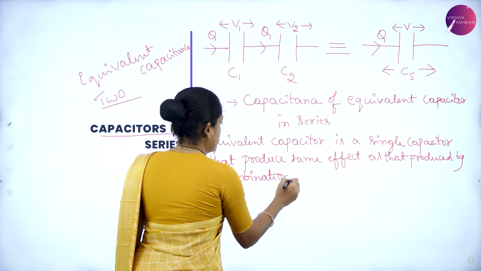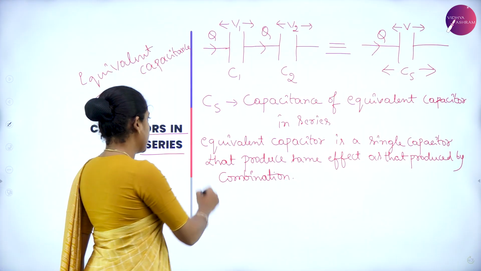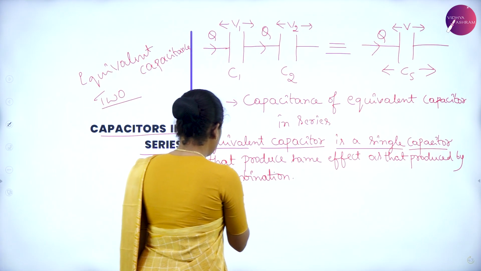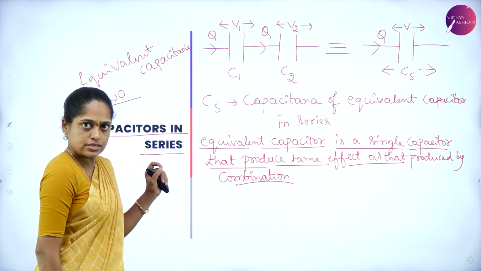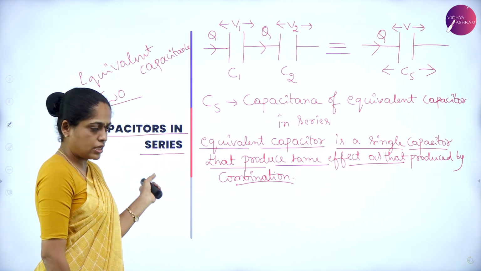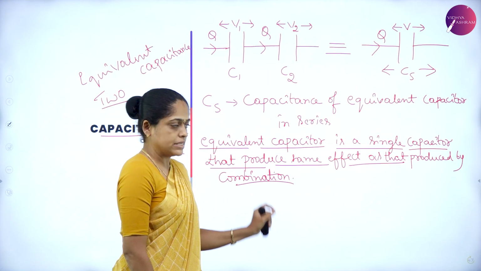Yes, combination. So this is the equivalent capacitor, and this sentence is compulsory in the answer. You must not skip this sentence. While deriving the expression for equivalent capacitance in series or parallel, you have to write this sentence compulsorily.